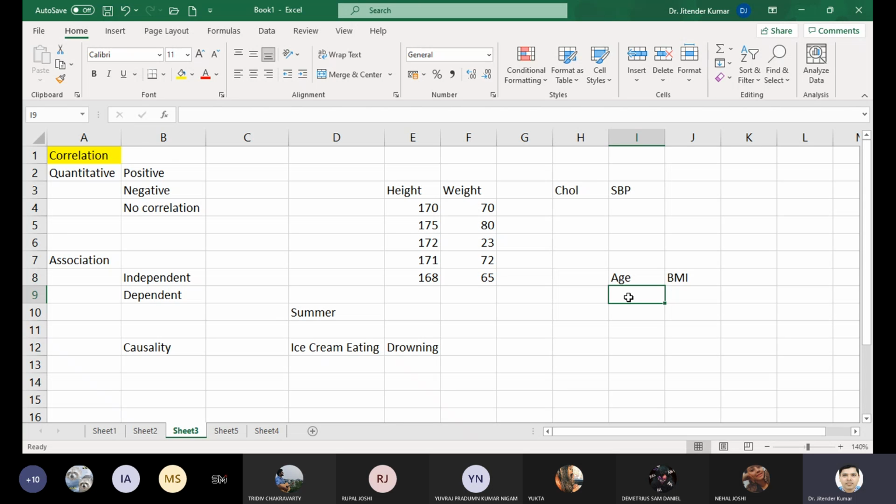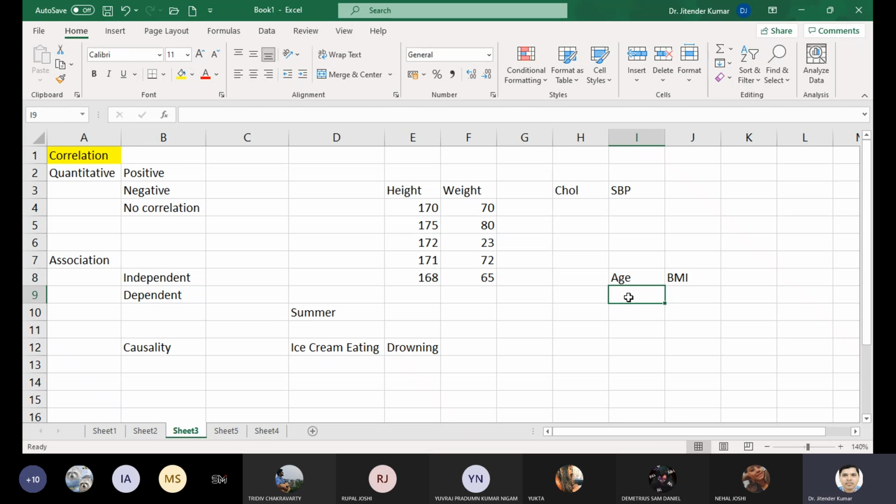But if you try to establish the relationship between these two from, say, age 5 till 65, then the relationship cannot be linear. Why can it not be linear? Up to a certain age, your BMI increases. In the early age, while you are young, your BMI increases.